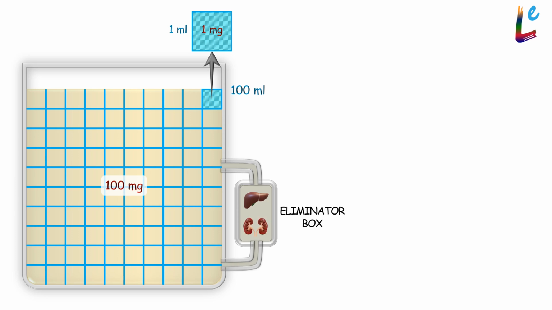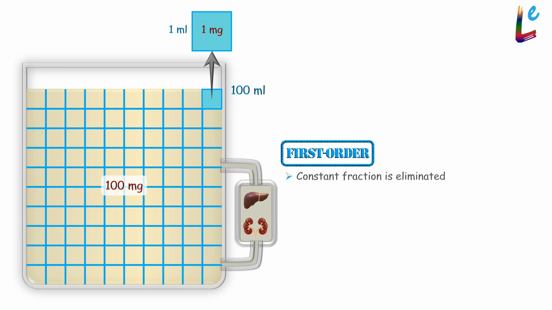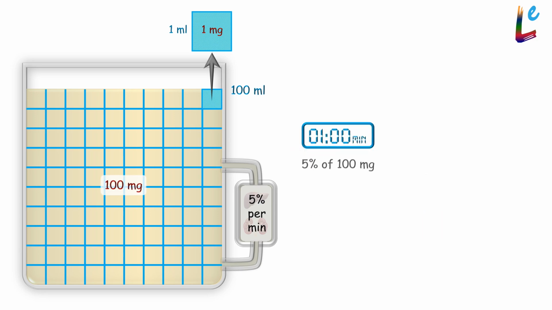Elimination in the body we know generally follows first order kinetics, where a constant fraction is eliminated. Let's assume that this fraction is 5% per minute. That is, elimination rate constant Ke is 0.05 per minute. In the first minute, 5% of 100 milligrams, that is 5 milligrams, is eliminated.